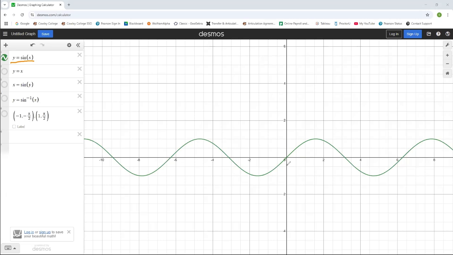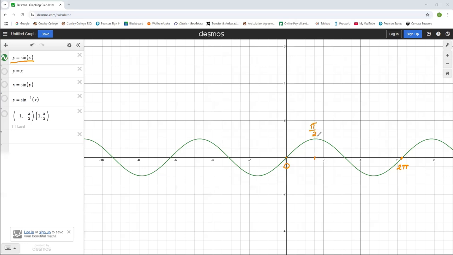So we know if we don't modify the sine, that 0, 0 begins a cycle, and then the cycle ends at 2 pi. Okay, and it peaks out here at pi over 2.